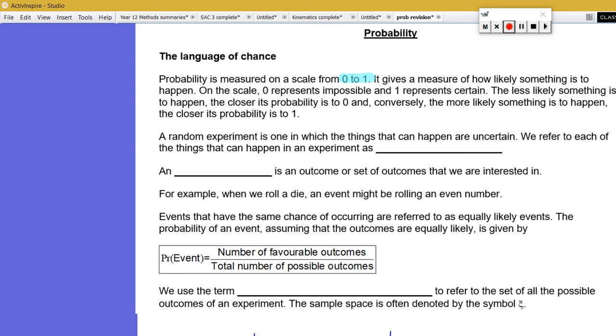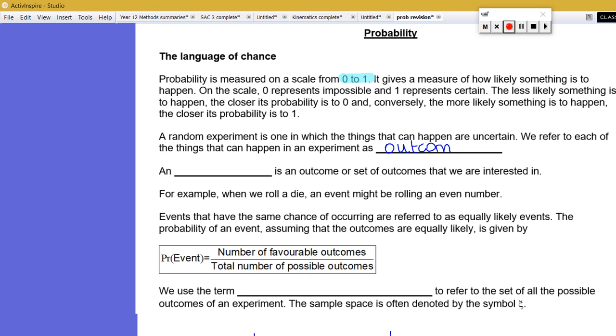When I'm interested in rolling this die, I might be interested in whether I'm going to get an odd or an even number. I'm not looking at all the individual options. I'm just saying, what if I'm interested in the probability of rolling an even number? My outcomes would be odd or even.